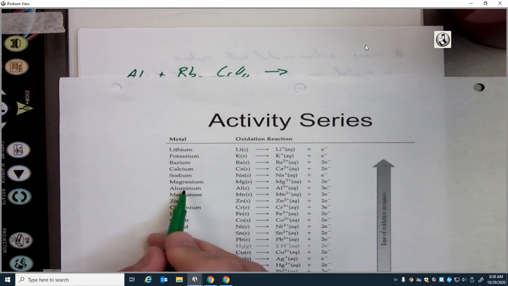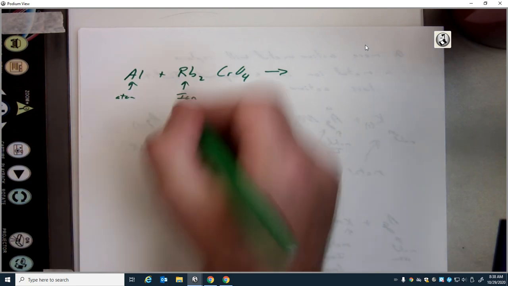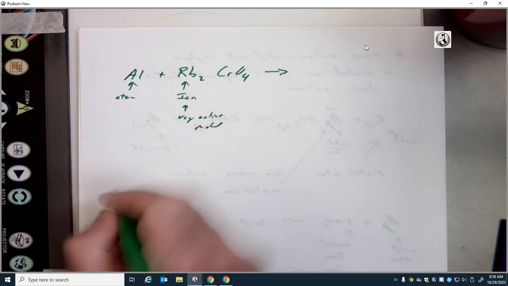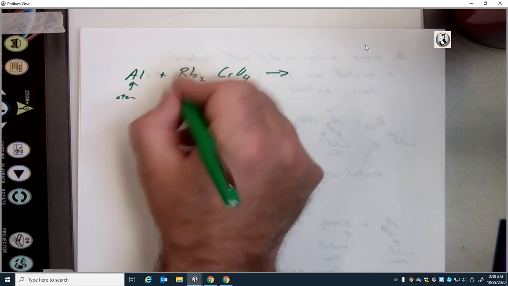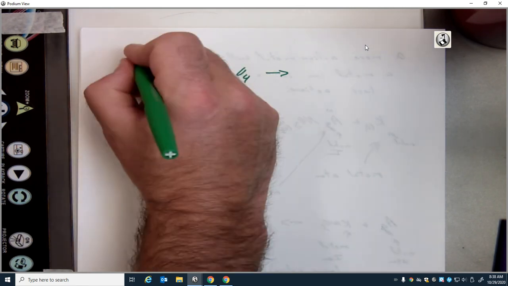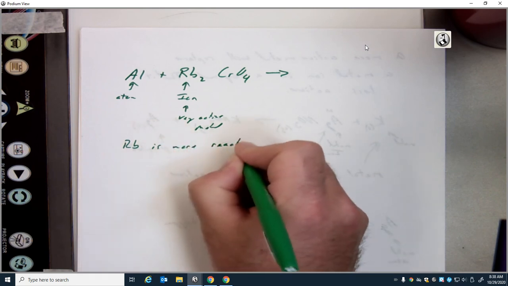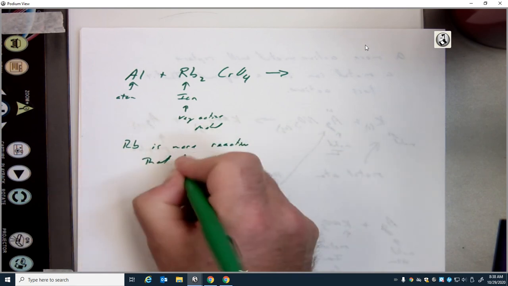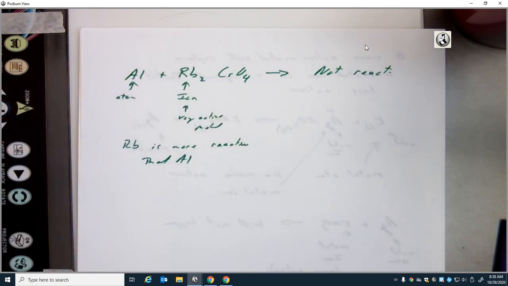Here's my metal, rubidium. Oh, it's not on this list, right? But we listed it. Okay, so this is a very active metal. Not so much as aluminum. All right, so this is more active than the aluminum. Rb is more reactive, or more active, either one, than Al. So this will not react. This redox reaction won't happen.